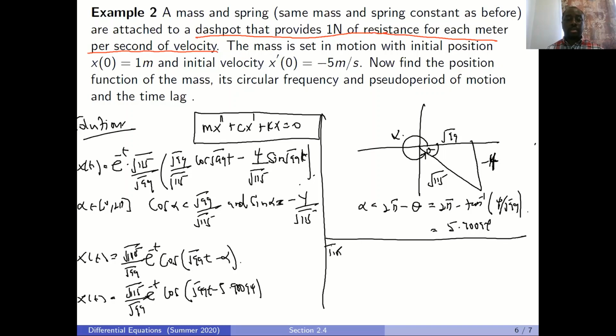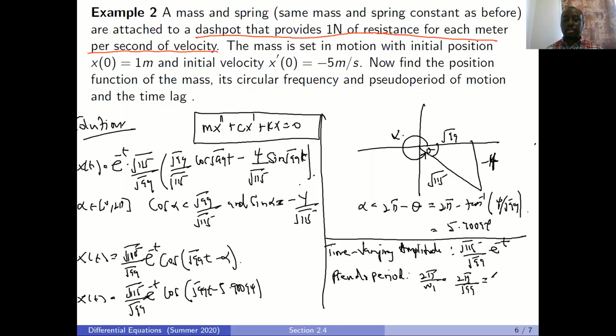Our time varying amplitude, again, this is time varying because of the effect of the exponential. It's just going to be the square root of 115 over the square root of 99 e to the minus t. This is going to change continuously with time. Our pseudo period is going to be 2 pi over omega 1, which is just 2 pi over the square root of 99.